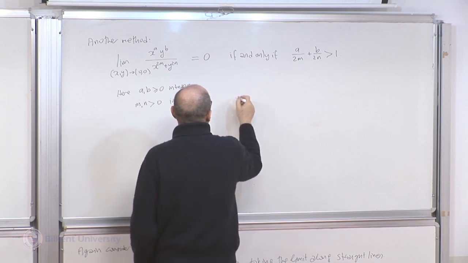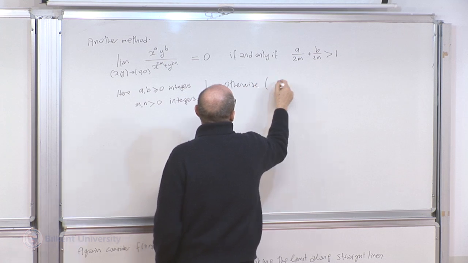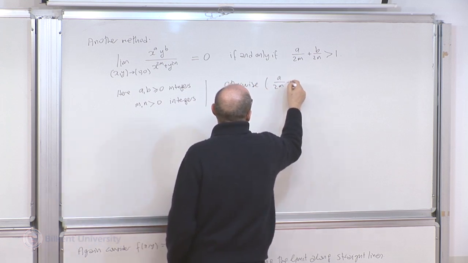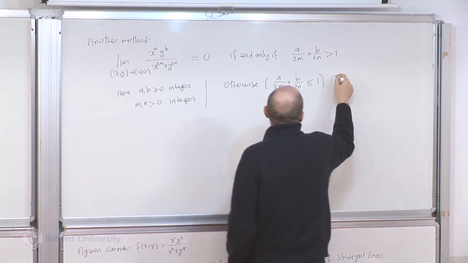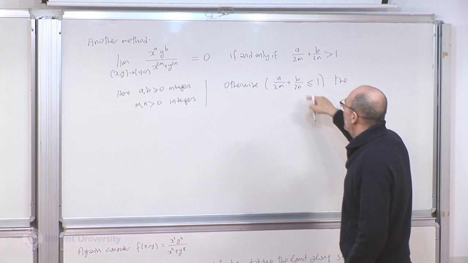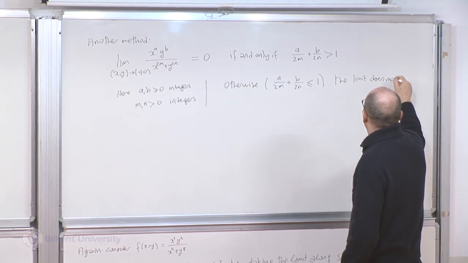Otherwise, the limit does not exist. Otherwise means a over 2m plus b over 2n is less than or equal to 1. So 1 is also a bad case, the limit does not exist.